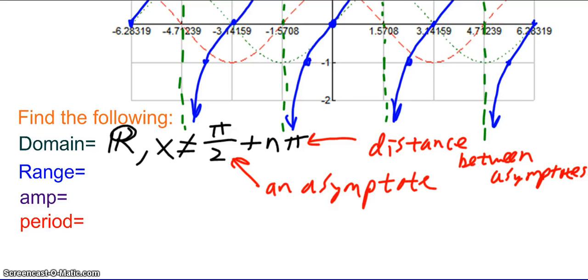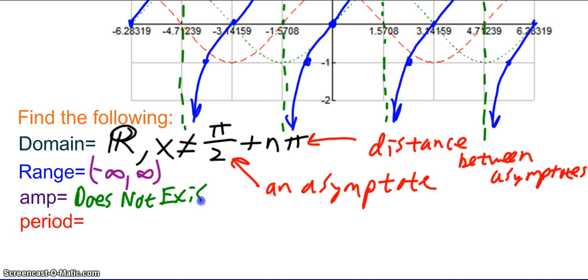The range is all real numbers because this is going to go down to negative infinity and up to positive infinity. Amplitude does not exist.